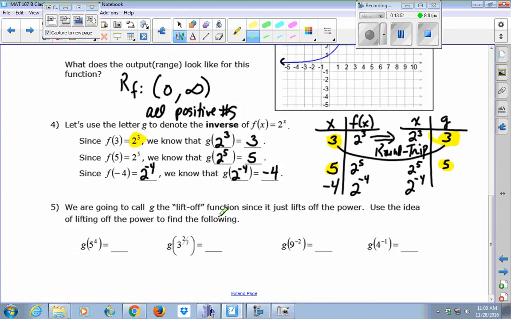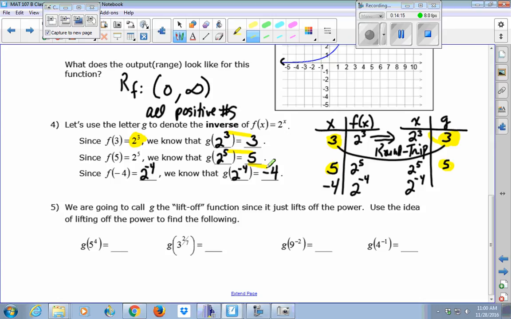So let's see here. We're going to call this function g the liftoff function. That's what we're going to call it from now on, the liftoff function, because all it does is literally lift off the exponent of that base. It brings me back to my original input. Remember, what was the original input? The original input was the exponent.